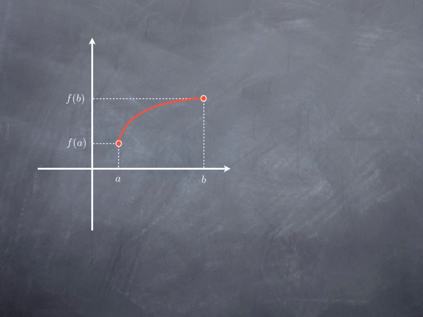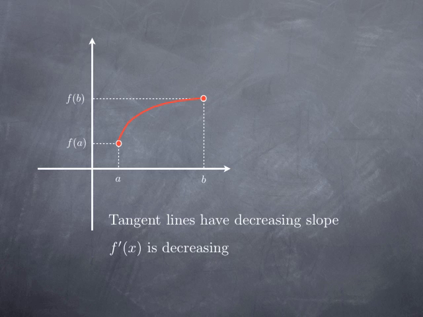Let's look at the red one, the one where I would have to turn right. You see that the tangent lines have a slope that is decreasing as I move from left to right. So the tangent lines to the graph have decreasing slope. In other words, f prime of x is a decreasing function because f prime gives me the slope of the tangent line.